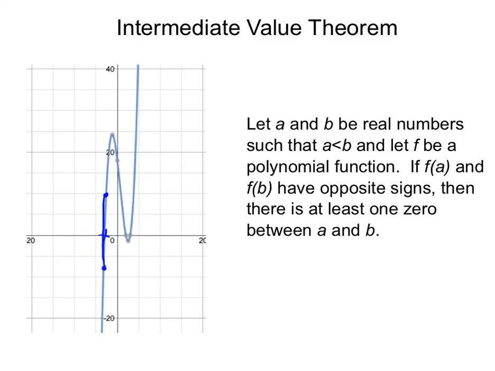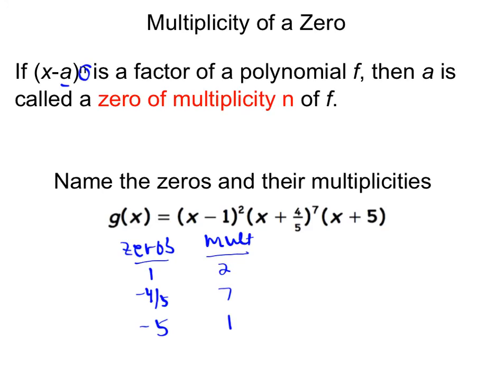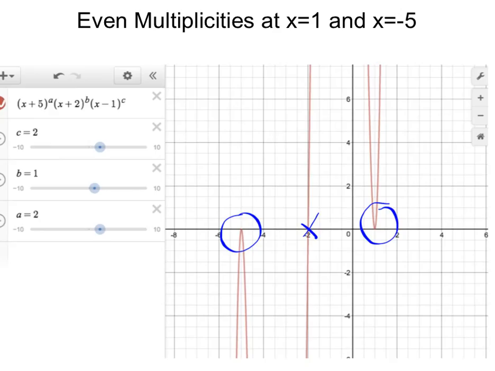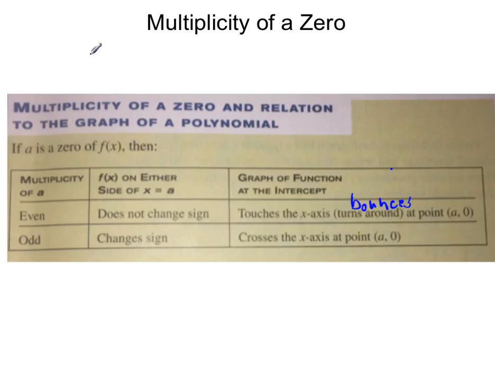We started graphing, and we learned about the intermediate value theorem. Our polynomial functions are continuous. So if I have a value on one side of the x-axis and a value on the other side of the x-axis, I must be cutting through that x-axis in at least one spot. We talked about multiplicity of the 0 and how that affects our graph. If we have an even multiplicity, our graph will bounce.